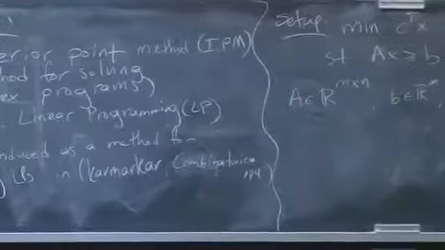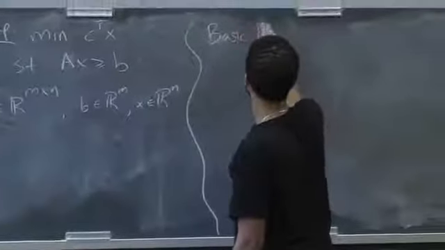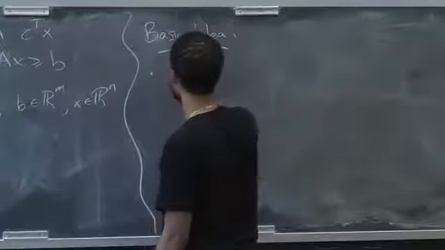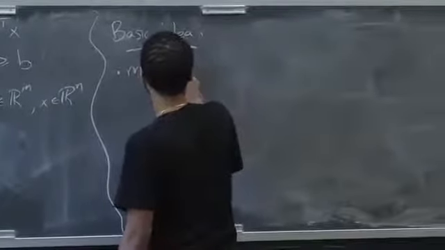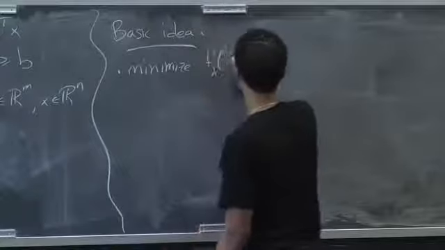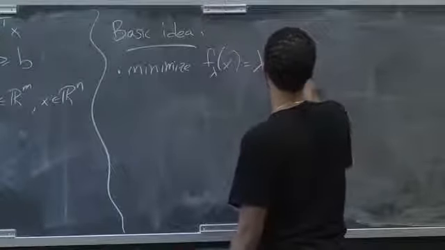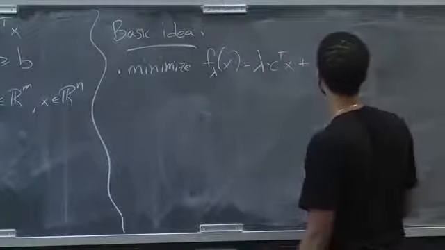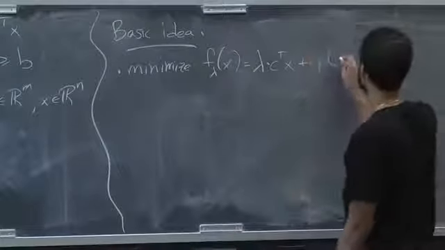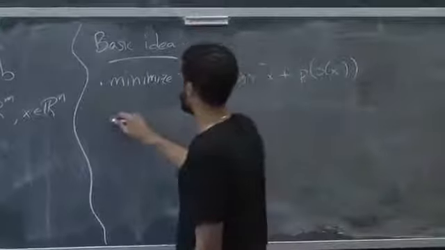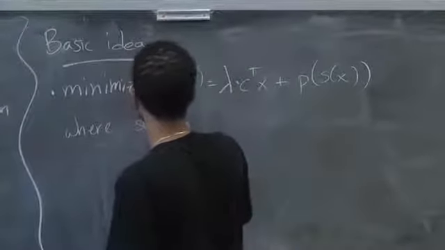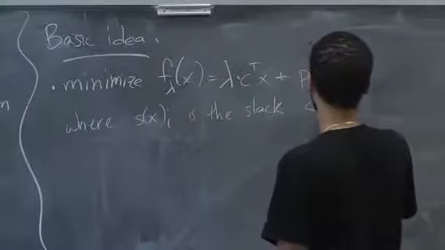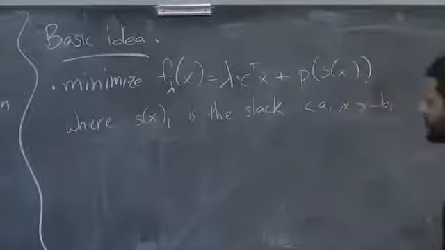is to minimize f_lambda of x, which I'll define to be lambda times c transpose x, plus some barrier function P of s(x), where s(x)_i is the slack a_i dot x minus b_i.